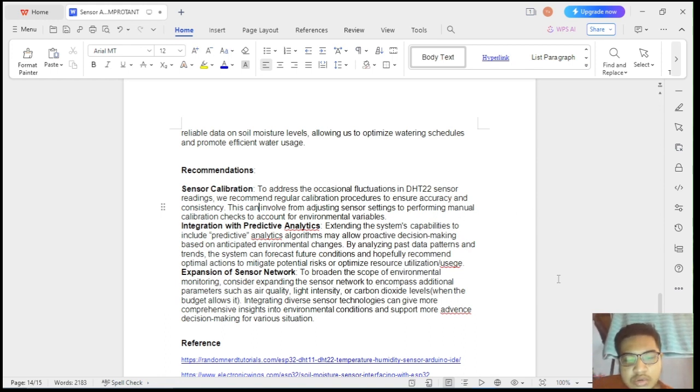Next is to expand the sensor network. Basically, put more sensors in it to give more additional parameters and also more room to analyze the environment.